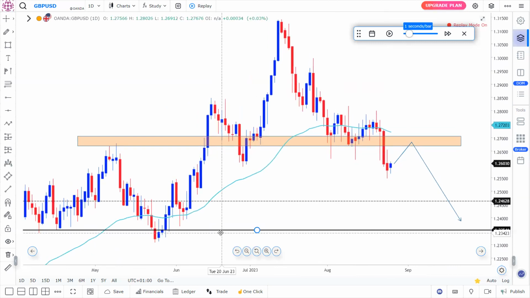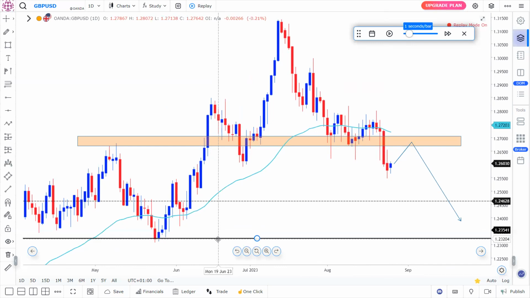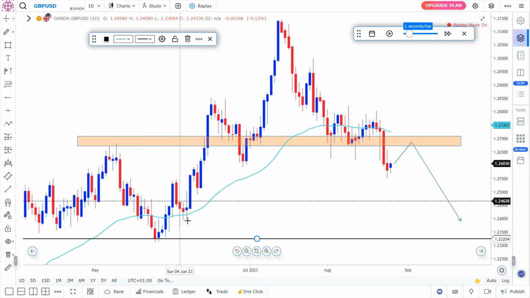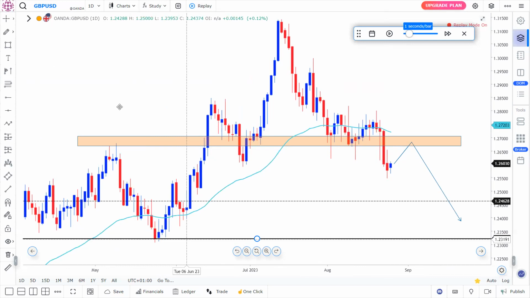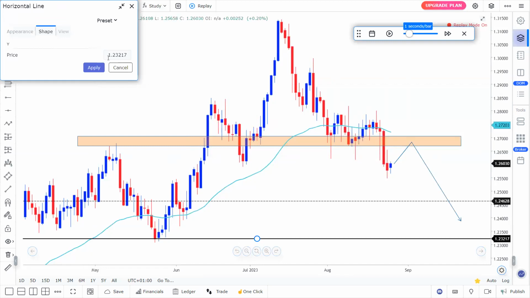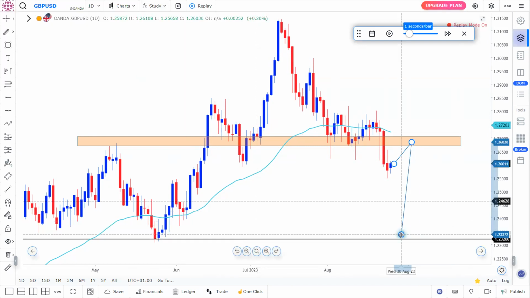So I was considering the level around as my overall anticipated take profit level.